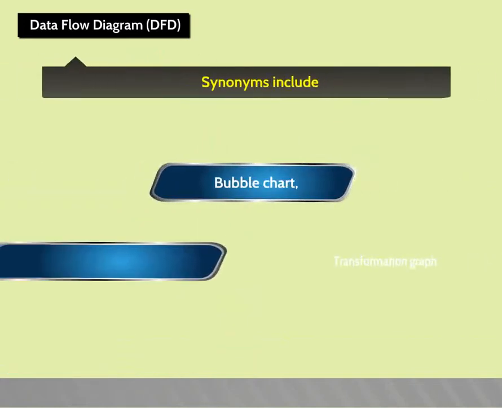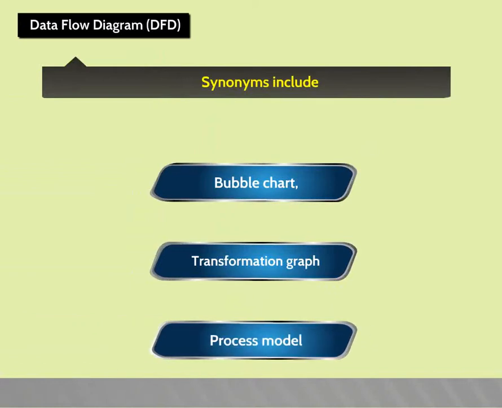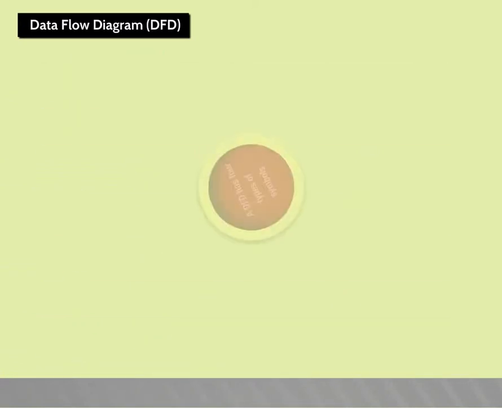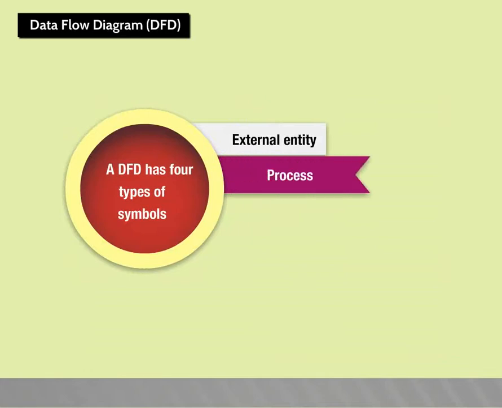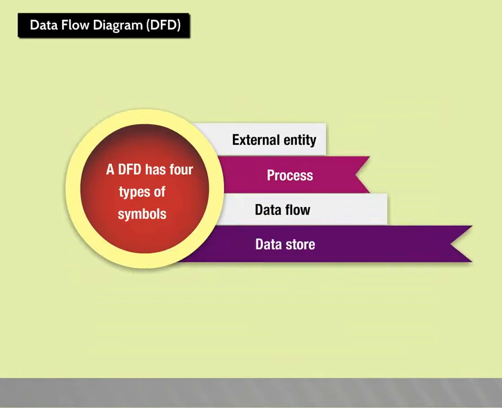Synonyms include bubble chart, transformation graph, and process model. A DFD has 4 types of symbols: external entity, process, data flow, data store.